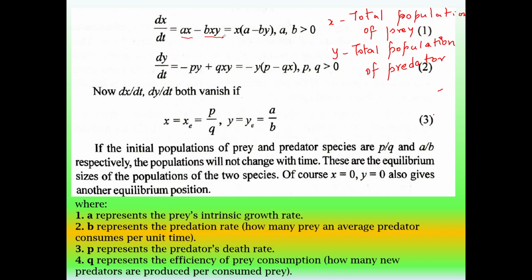Therefore, we need to consider there the product of the two species. That's why here we consider xy, that is x into y, the product of the two populations, and here the birth rate is assigned, so b into xy is calculated. But in this case, the count of the prey will be reduced as it is a negative quantity.